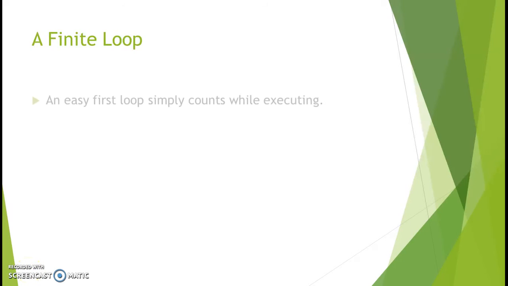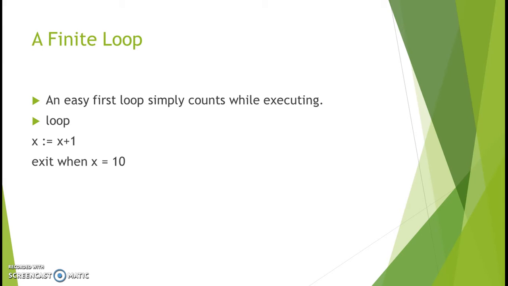So this kind of finite loop approach, if we want to look at an easy first loop, it simply counts while it's executing, right? So we can instruct x to increment by 1 unit, and we can put in an exit command at the end of the loop, or just before the end of the loop.